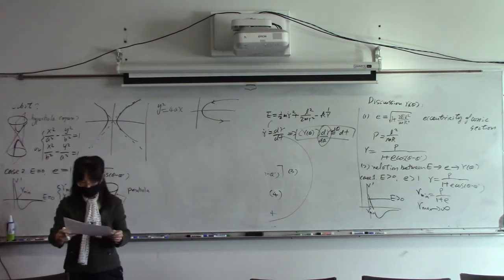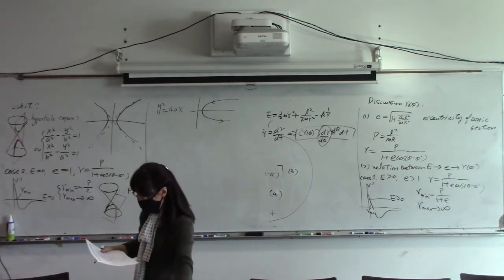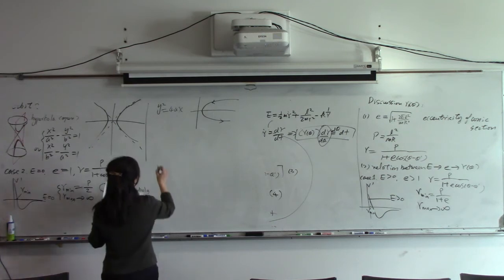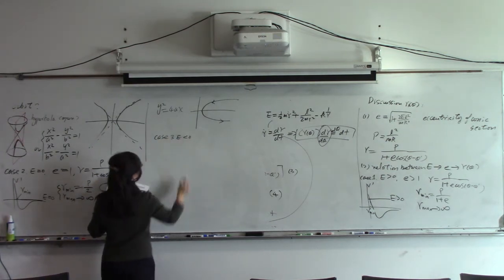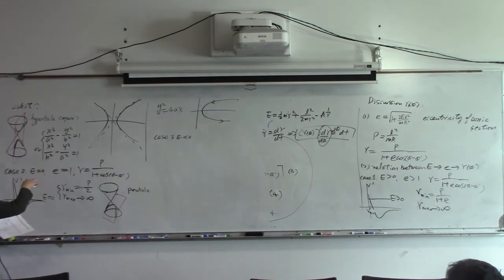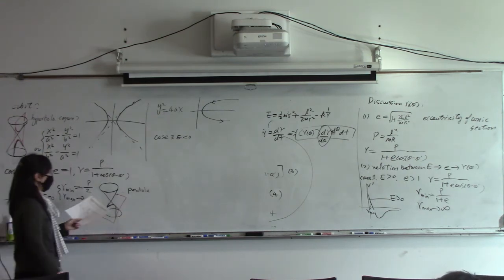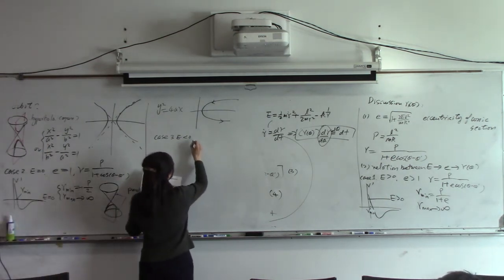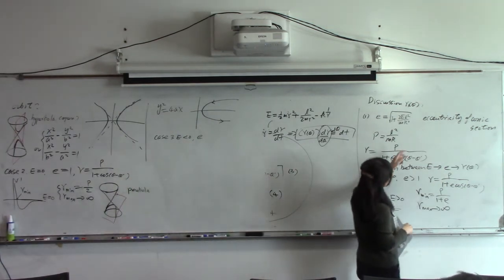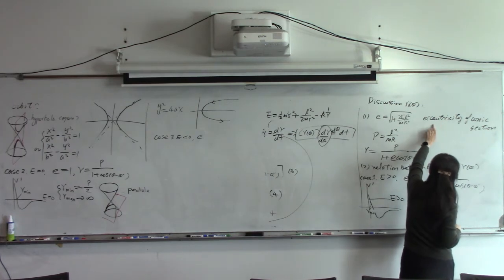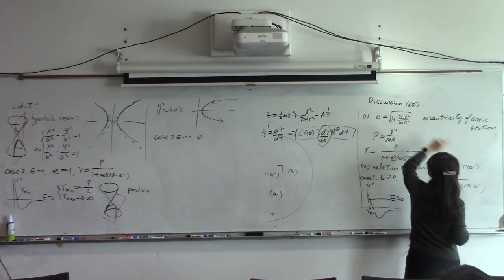Okay, second one. Now let's consider case 3. The energy is negative, but still higher than the minimum. In this case, what about the eccentricity?